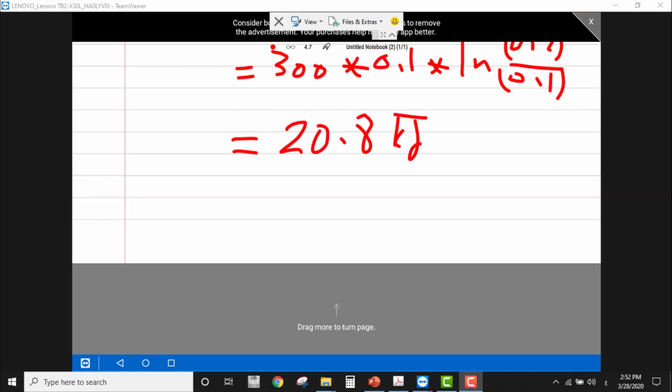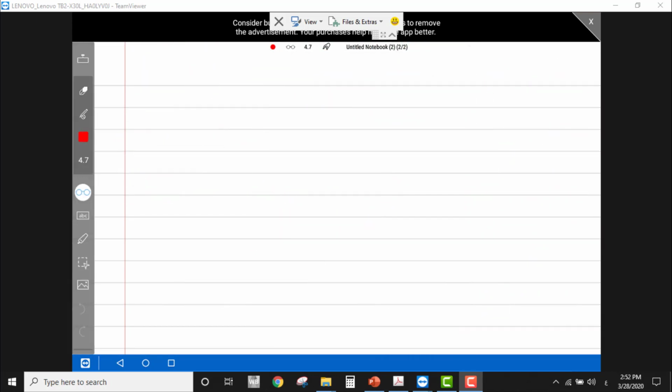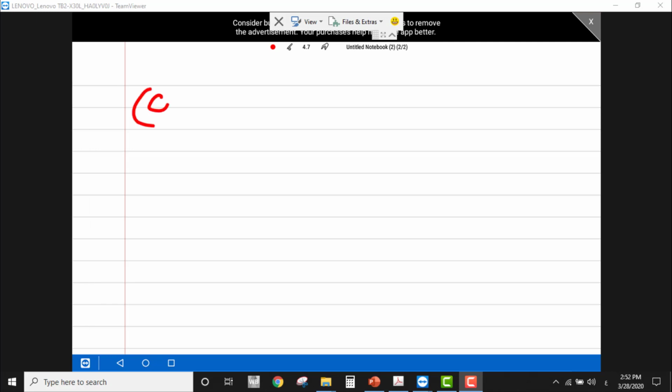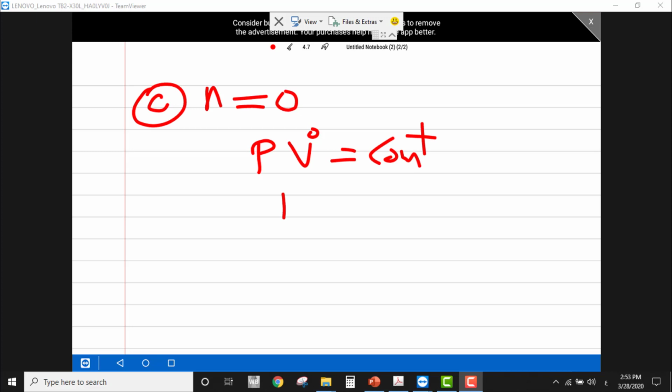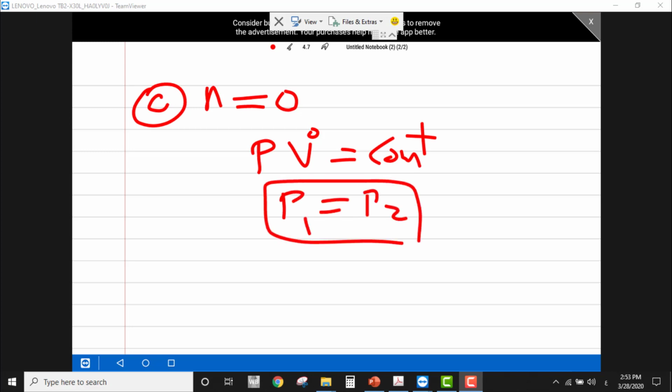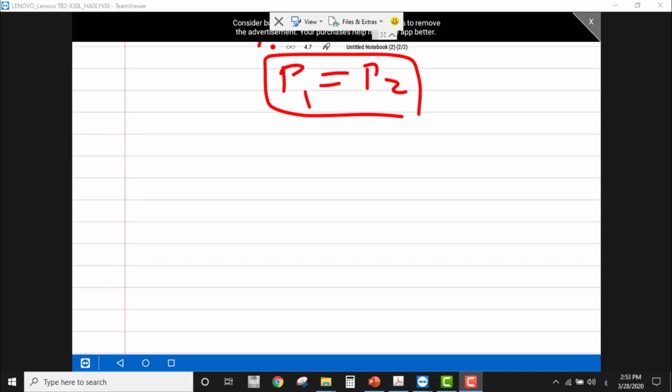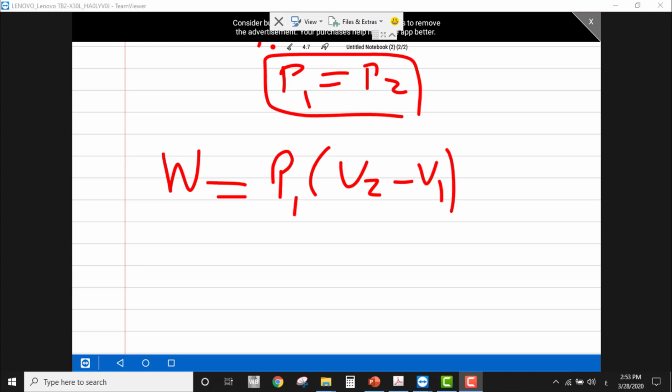Okay, let's go to the new page. So scenario C, if n equal to 0, then P to the power 0 equal to constant, and from here P1 equal P2. So if you have a constant pressure process, then you benefit from the relation work equal to P multiplied by V2 minus V1.